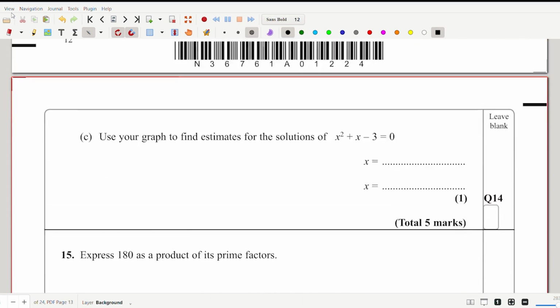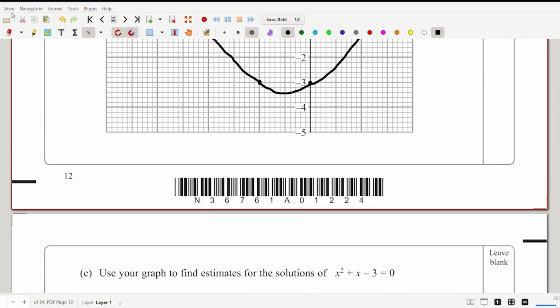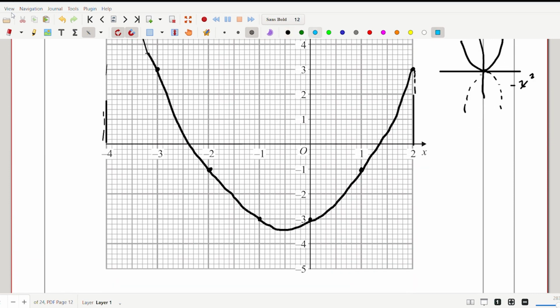Now down here, use the graph to find estimates for the solutions of x squared plus x minus 3 equals 0. Estimation means a range of values could be acceptable, so don't worry about this. For finding the roots of this equation, the graph intersects the x-axis here and here.